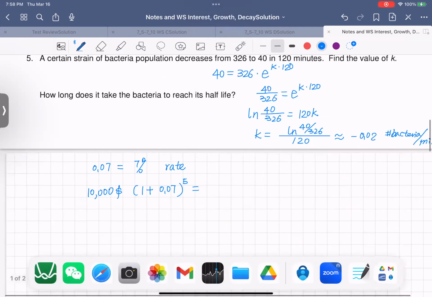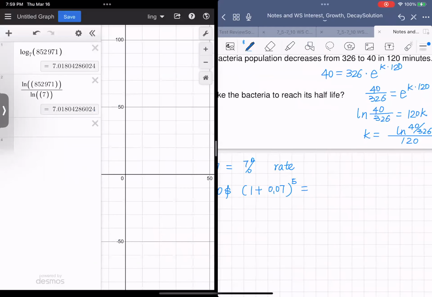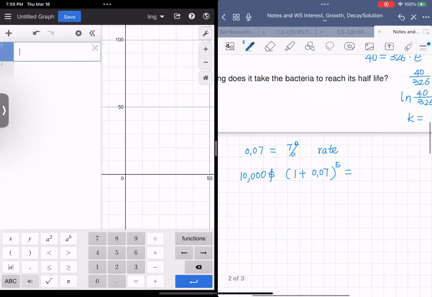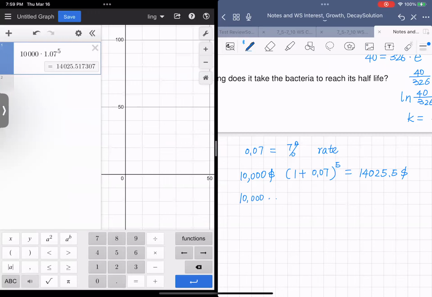You will see this give you how much? You have $10,000 times 1.07 to the power of 5. So in 5 years, you have this amount of money. And if you say I have compound interest continuously, then you will use this amount times e to the power of 0.07 times 5.